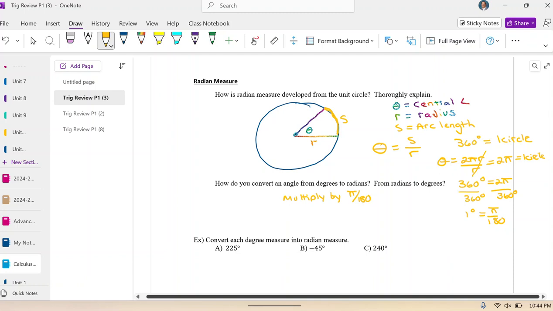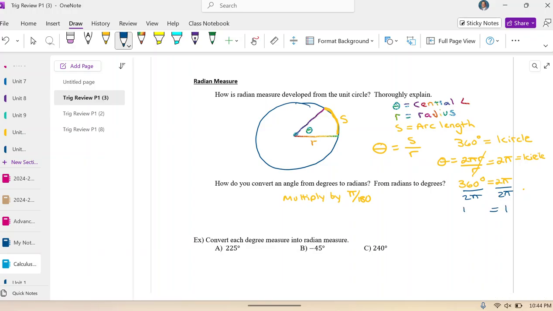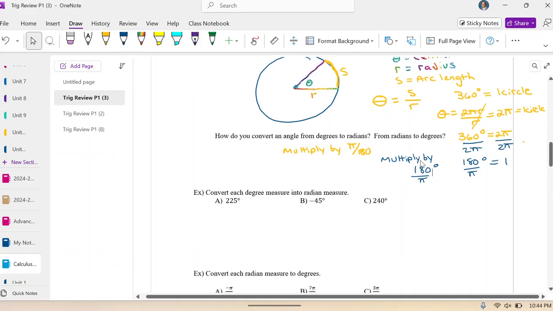If you want to convert from radians to degrees, you take that same equation and now you divide by 2 pi. So that means 1 radian is equal to 180 over pi degrees. So basically, to go from radians to degrees, you multiply by 180 over pi degrees. So those are your conversion factors.